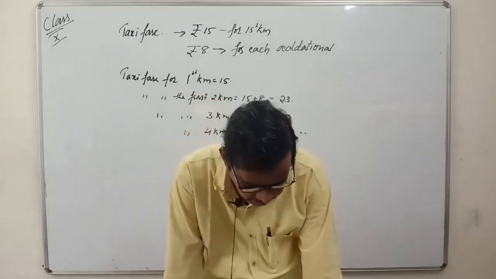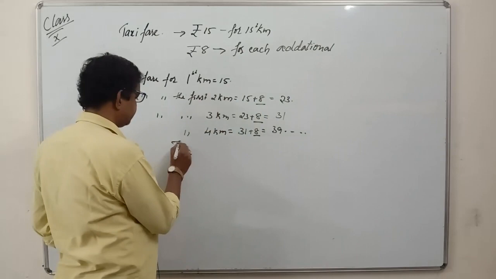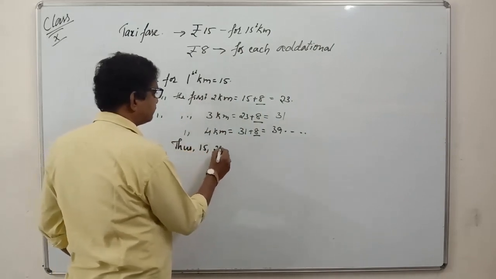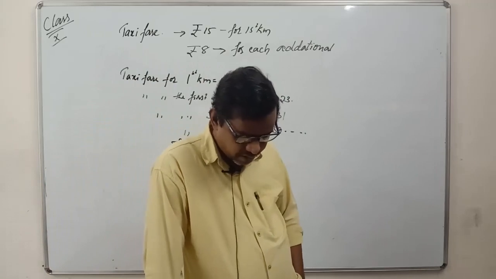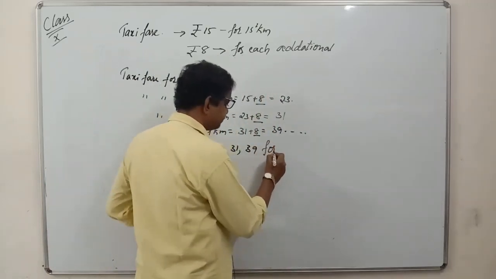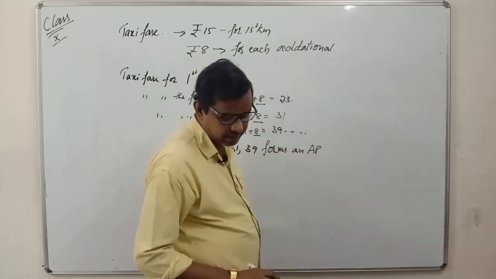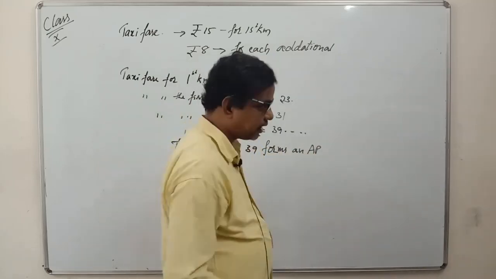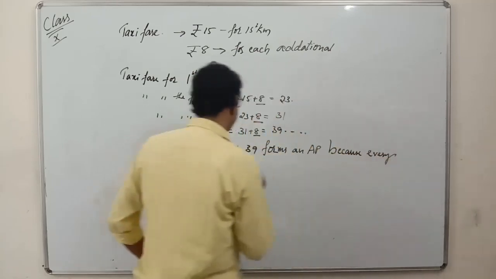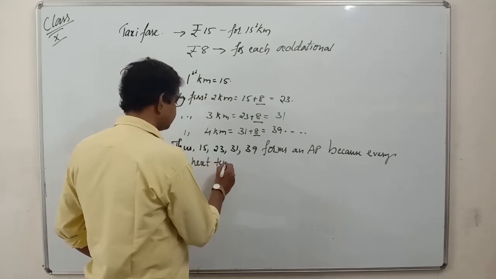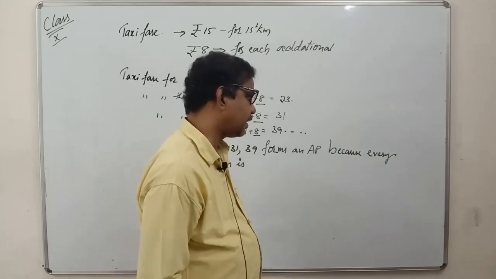Thus 15, 23, 31, 39 forms an AP, because every next term is 8 more than the preceding term.